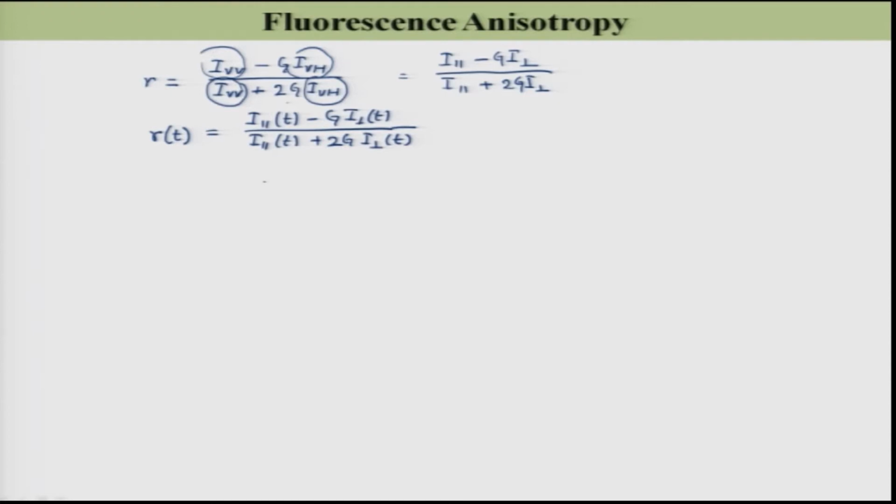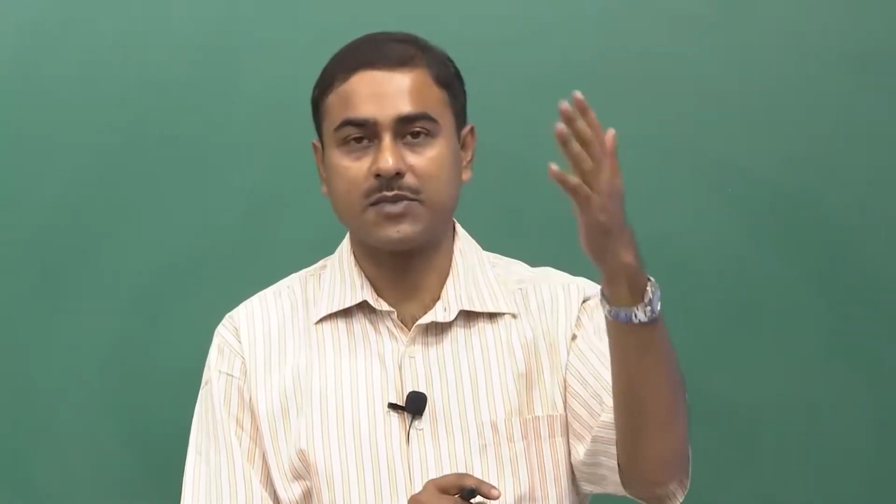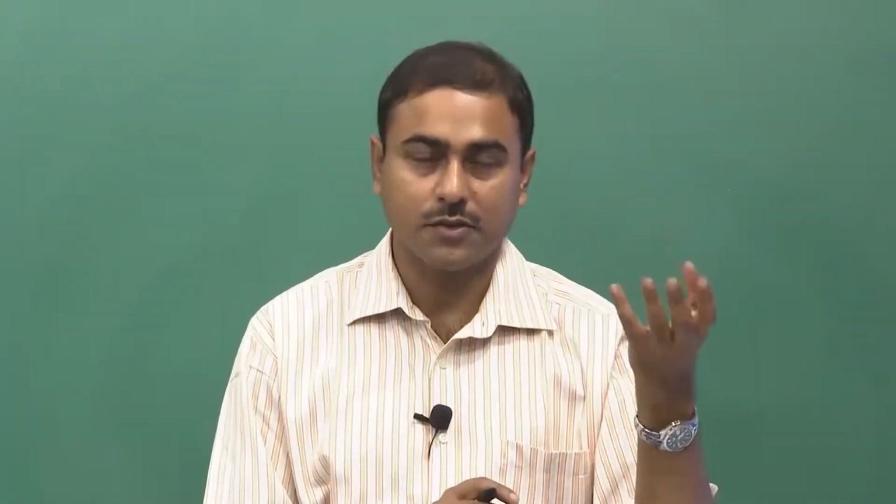Now, if I calculate this R value at time 0, let us say just after excitation, the R value should be high. As time goes, this R value will keep on decreasing, and at a very long time, as I said, probably all the fluorophores will reorient themselves and it will be randomized, so the fluorescence will be completely unpolarized and you will get R equal to 0.